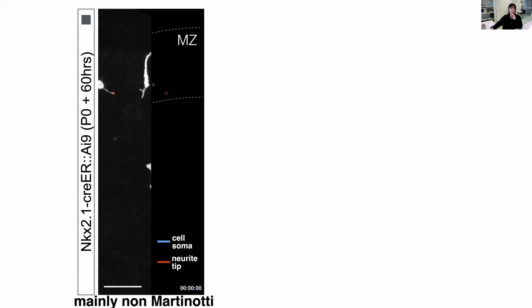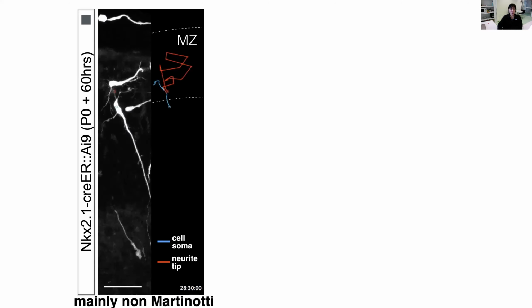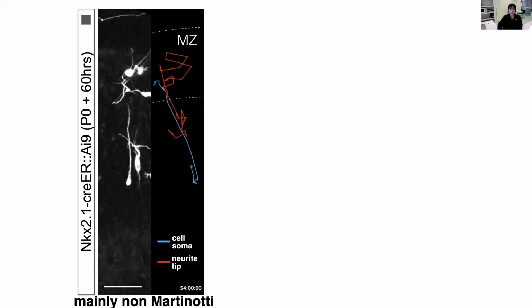And we are tracking both a cell soma at the marginal zone in a blue circle, as well as their trailing neurite tips in the marginal zone in red. And as I play this movie, what you would see is that in the control condition, as an interneuron enters into the cortical plate, its trailing neurite is highly dynamic and almost goes with it.